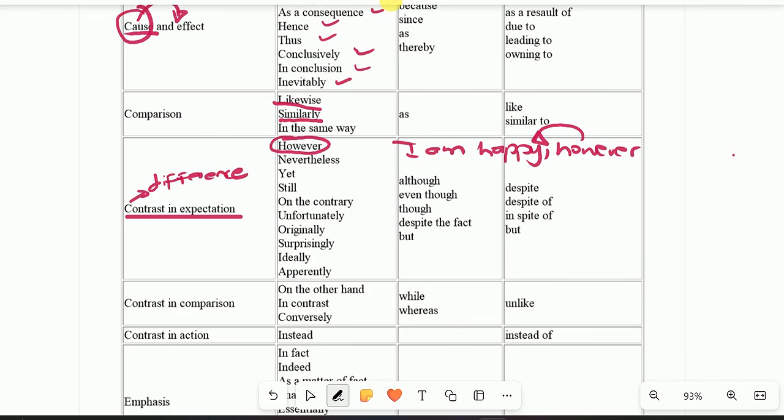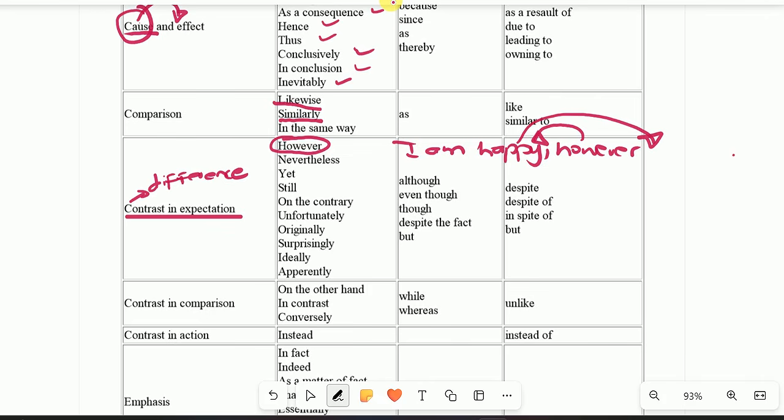So once I include or introduce the linking word, if not the conjunction, however, it means that I'm going to now come up with a contrasting idea that is different from the first one. Mostly if the first statement is positive, then I use however.